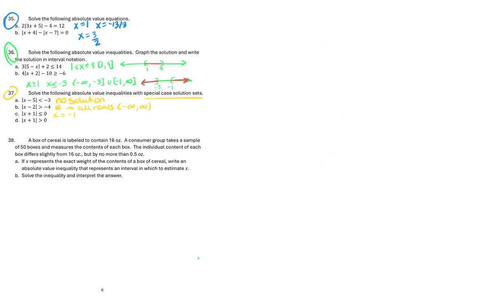Okay, moving on to part D, where we have |x + 1| is greater than 0. So it fits the idea of what can be greater than 0 for the absolute value bars. But for this one, let's do -x minus 1.